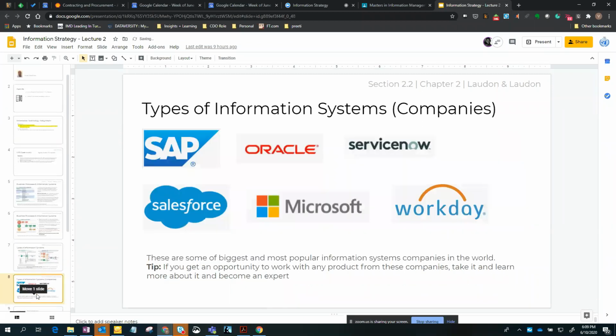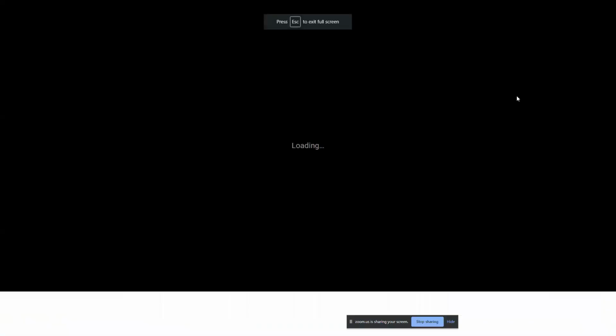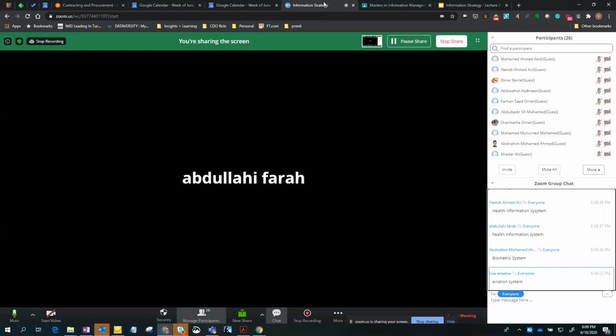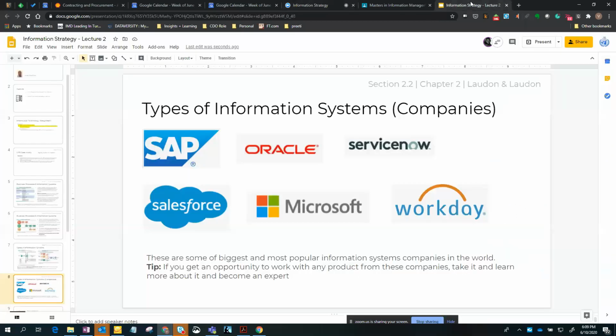Let's move on. On this slide, I have the names of some of the biggest IT or software or information system companies. Can somebody type which companies they know of, or have seen, or have worked with before?